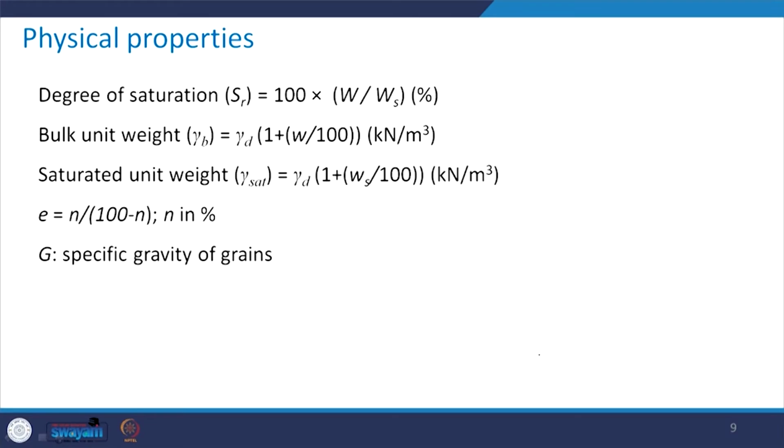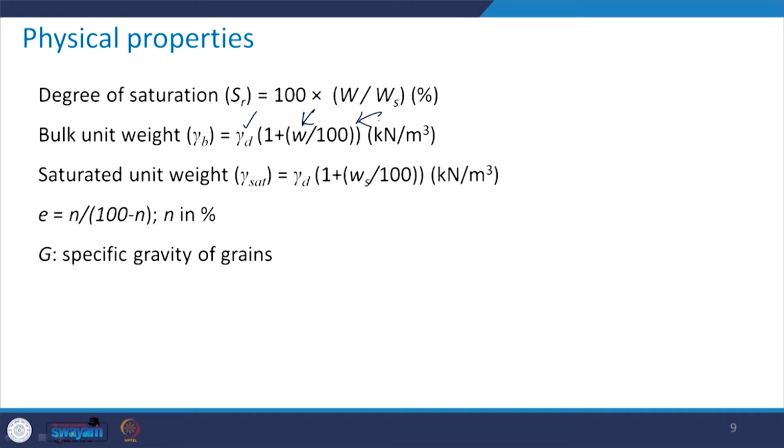Then degree of saturation, bulk unit weight. So, here you see that dry unit weight that we have already obtained and the water content, and this water content should be in percentage, and you have to obtain it using that dry unit weight and the moisture content and use this expression to obtain the bulk unit weight.